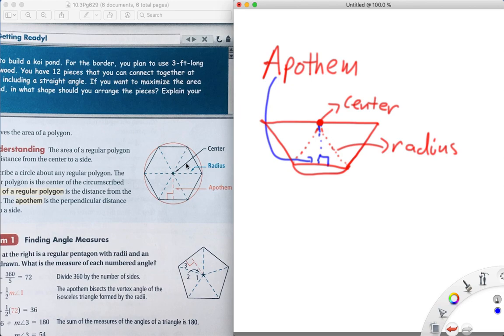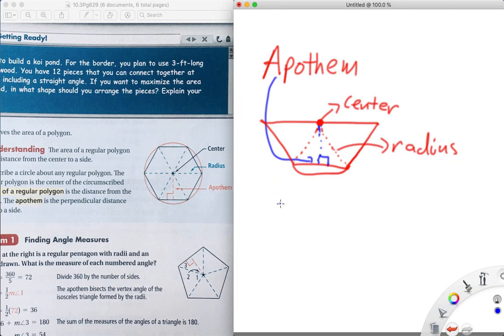So since we have a hexagon with 6 sides, we also have 6 triangles. In addition to having 6 triangles, these triangles are also congruent. They are the same. And we're going to find out in a little bit why that's important in finding the area of these figures.